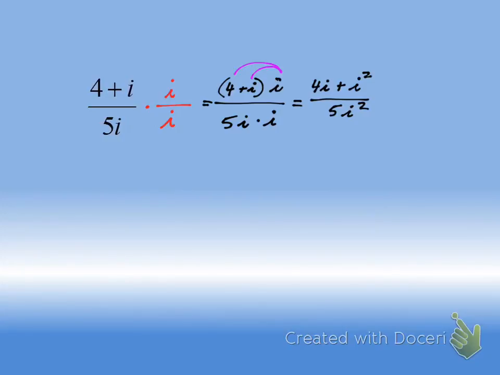Okay? Now, we already said what's i squared? -1. So now go through and make all your i squareds -1, because chances are you will always have 2 of them. Okay, so 4i plus -1 over 5 times -1.